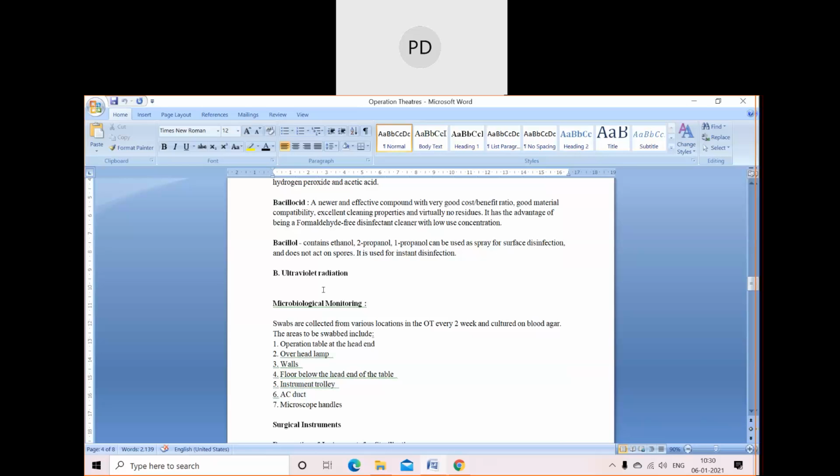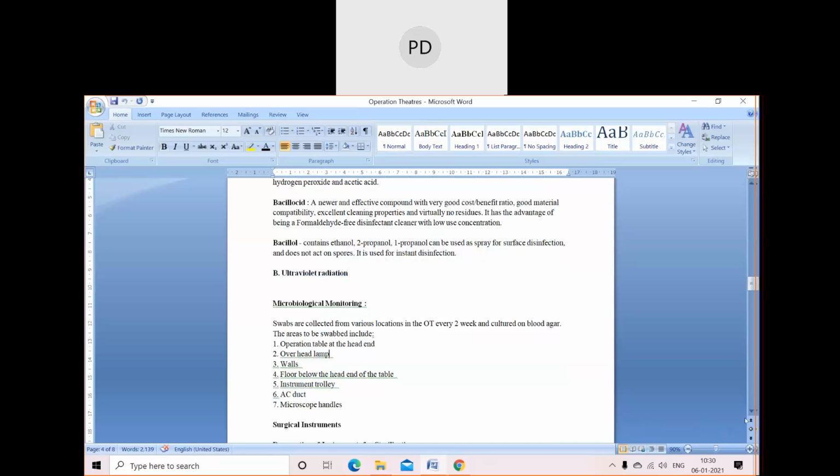In OT also you have ultraviolet radiation for disinfecting the rooms. It is on for around 12 to 14 hours, and 2 hours before using the OT you switch it off and then enter the OT to do any kind of procedure. So that is ultraviolet radiation disinfection for OT.